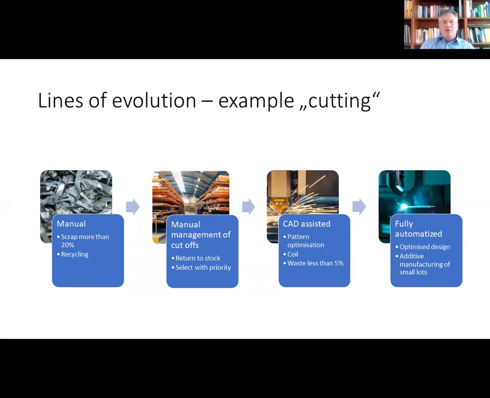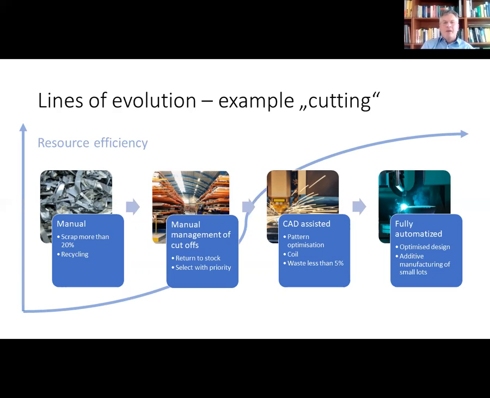A line of evolution is shown here in this example for cutting in metal manufacturing. A line of evolution shows the different steps a technology might develop through and related to the resource efficiency of the individual steps.